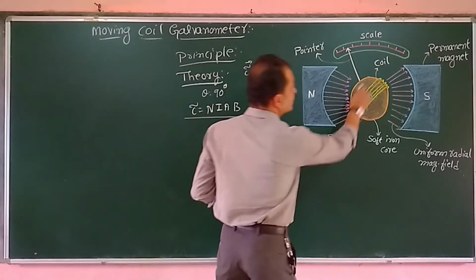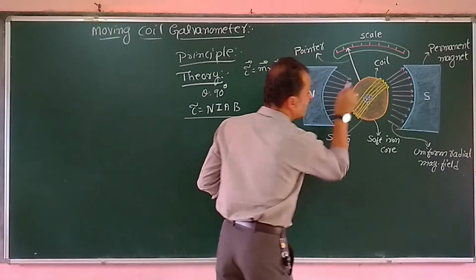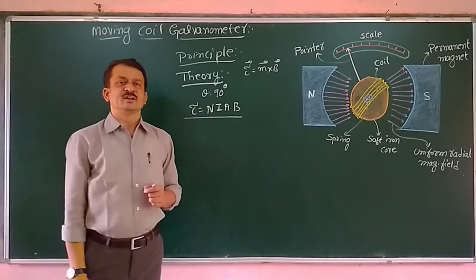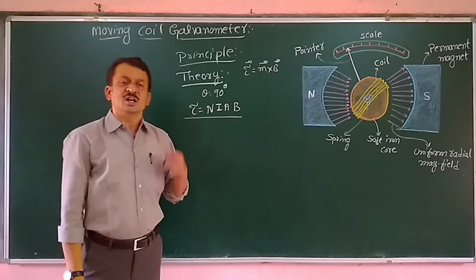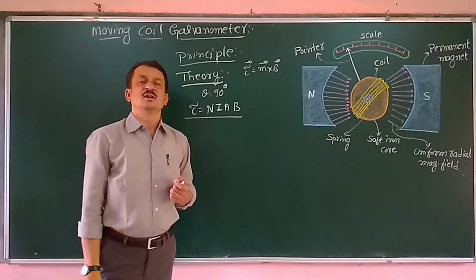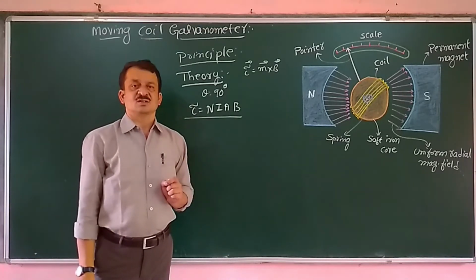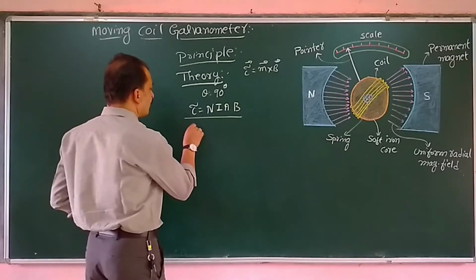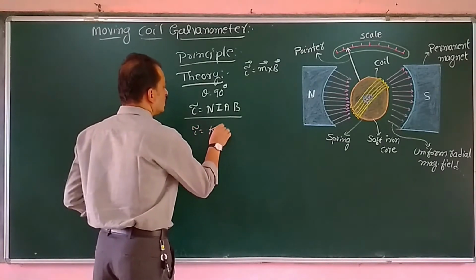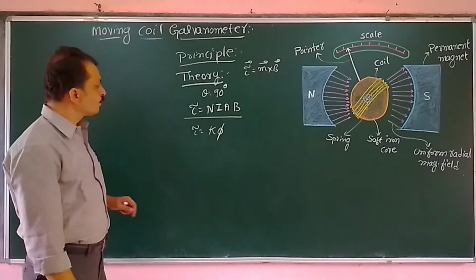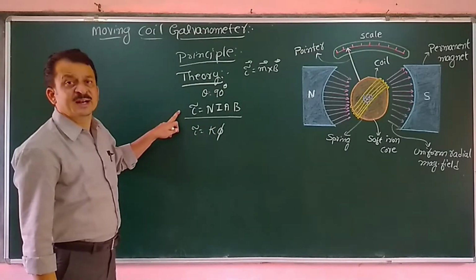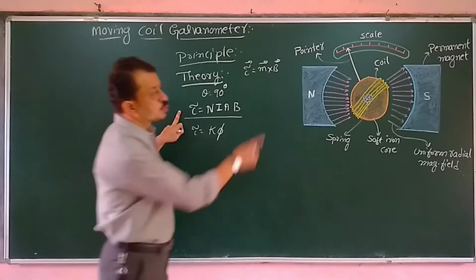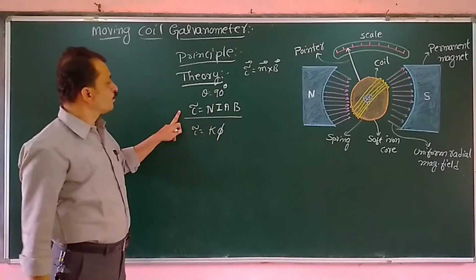Since this system is attached to a spring, the spring gets twisted. That spring also produces a counter torque, and that is given by tau is equal to K into phi. The magnetic torque is produced when the current starts to flow through the coil.